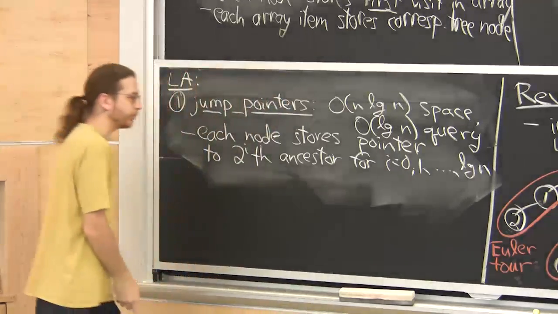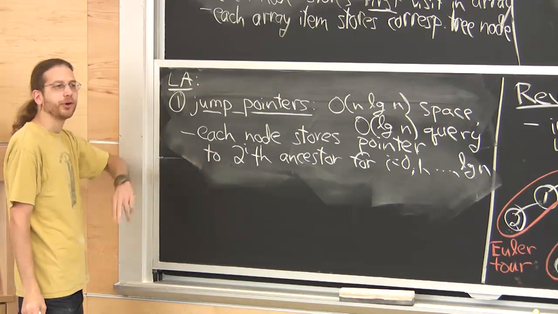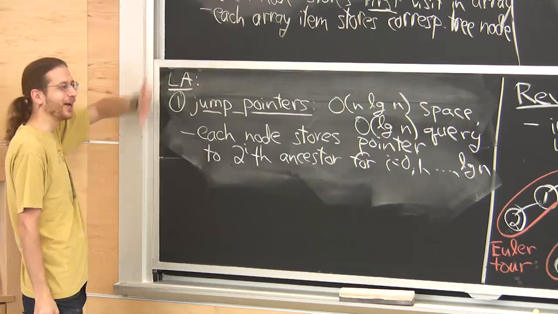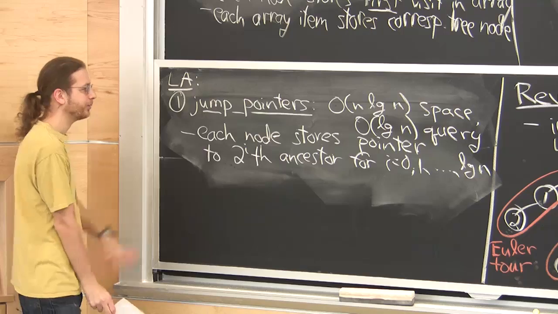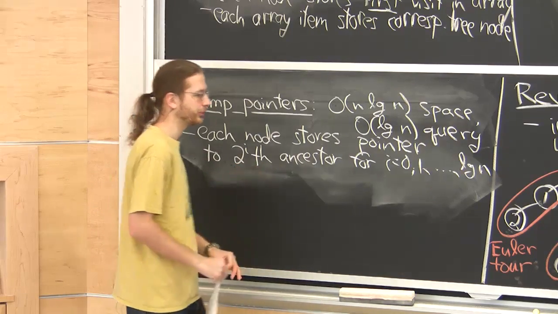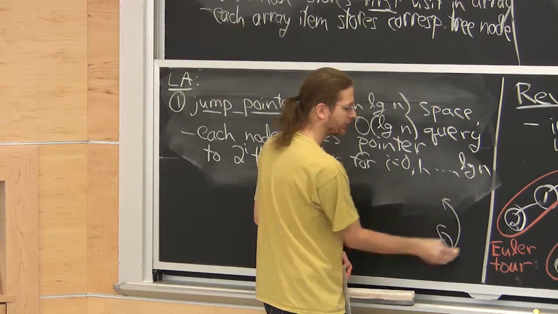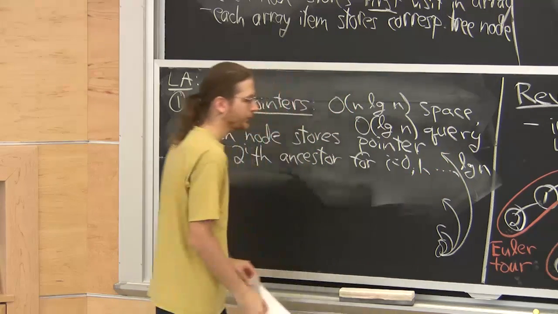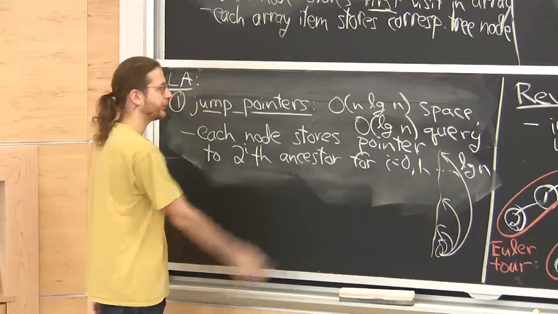You can never go up more than n. Ideally, you'd have a pointer to all your ancestors. Then in an array, boom, in quadratic space, you solve your problem in constant time. But it's a little more interesting. Now every node only has pointers to log n different places. So it's looking like this. This is the ancestor path. So n log n space.